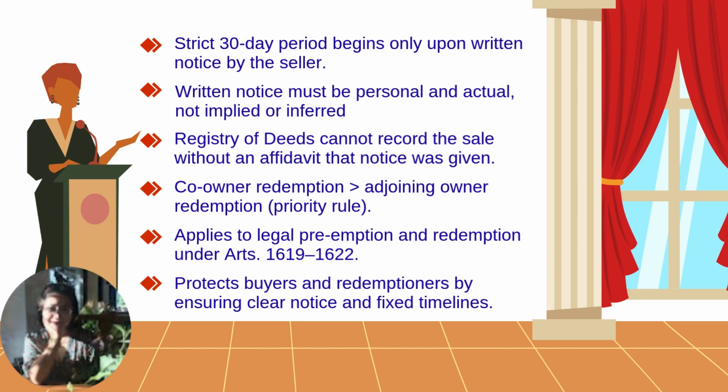So this written notice must be personal and actual, and the deed of sale shall not be recorded in the registry of property unless it is accompanied by an affidavit of the vendor stating that written notice has been given to all possible redemptioners. So the priority rule: the right of redemption of co-owners excludes that of adjoining owners. This means co-owners have priority over adjoining landowners when both rights exist over the same land.